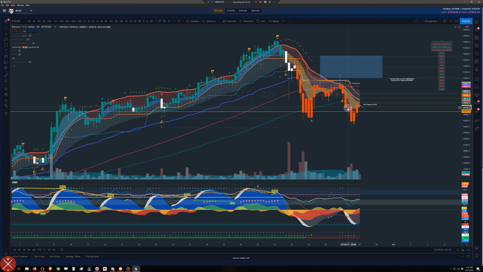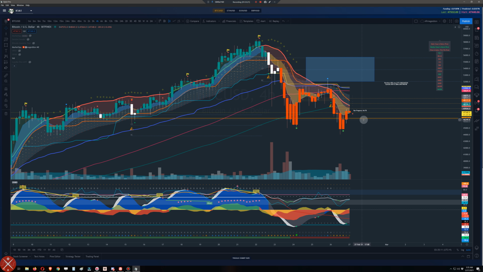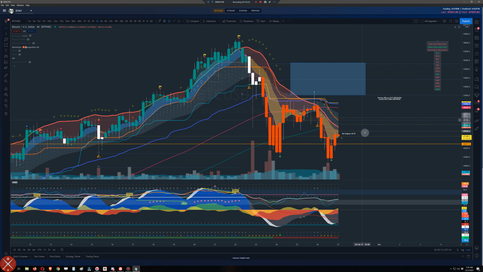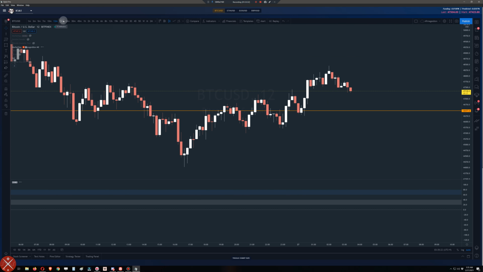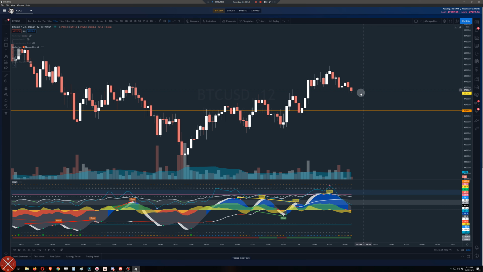That's it. You're not entering here and here. You will never be able to. No one will. Not a machine, not a person. Machine may be better chances because they don't think, they act. When you see a setup like this, they act. They don't think. They don't, you know, wonder if it goes lower.